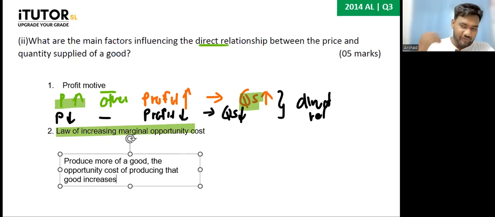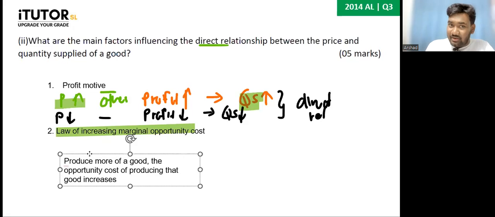Now if you produce, let's say, the first 10 mobile phones, let's say the opportunity cost is 100 loaves of bread. To produce the second 10 mobile phones, the opportunity cost is now 120 loaves of bread. Third 10 mobile phones, opportunity cost 150 loaves of bread. So every time you increase the production of one good by equal quantities, the opportunity cost of producing it goes up. Then how does this explain the law of supply?